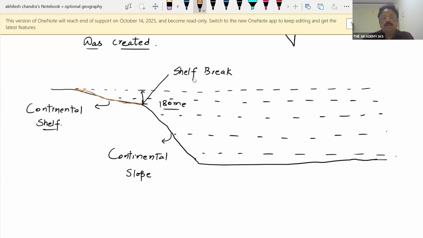You will find that the depth is gradually increasing. But beyond this shelf break, you will find that the depth is rapidly increasing.